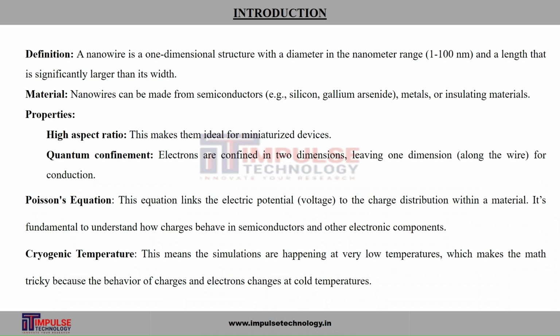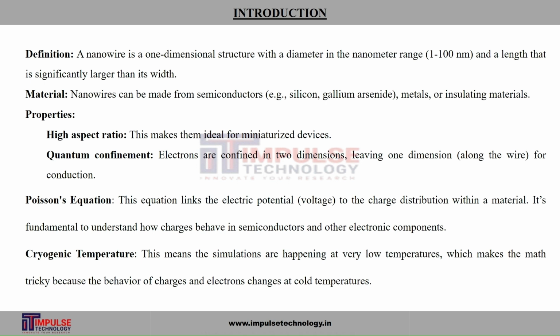Talking about nanowires. A nanowire is a super tiny one-dimensional structure. Think of it like an extremely thin wire with a diameter in the range of 1 to 100 nanometers. A nanowire can be made from various materials like semiconductors such as silicon or gallium arsenide, metals, or even insulating materials. A key property of nanowires is high aspect ratio.